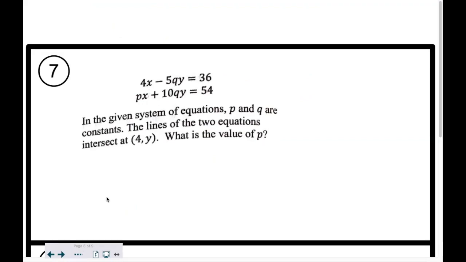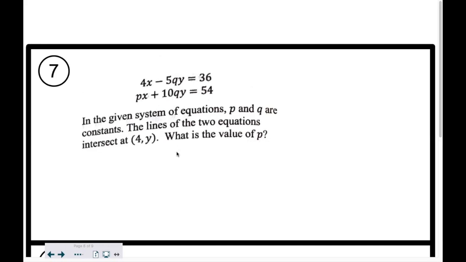Yeah, I don't think that we could use Desmos here. Maybe. It'd be really hard because again, we'd have two sliders. We'd have to mess with the sliders to try to get them to intersect where the x value was 4 and then figure out the y value and then get that corresponding p. Maybe that's possible. I honestly didn't try it because I think there's a much easier way to do it than kind of work your way through that.